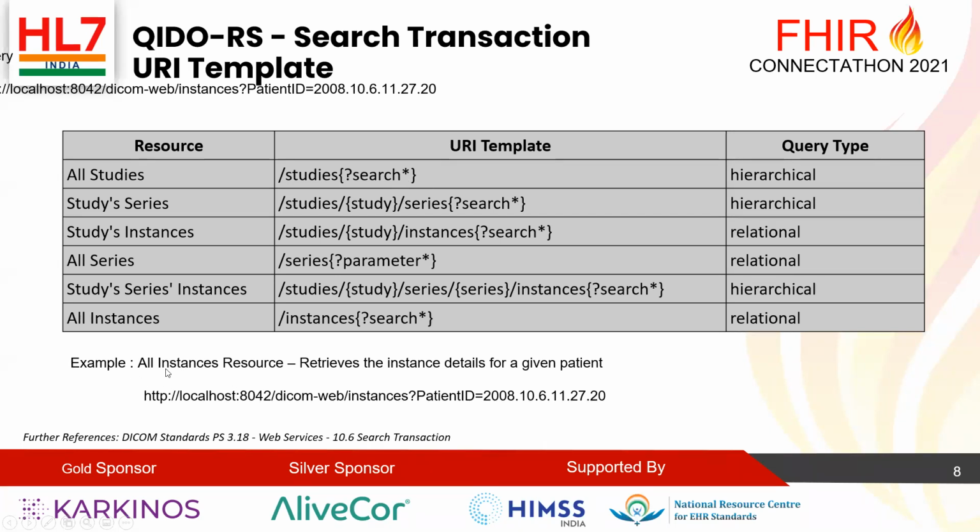If you see in this example, I'm using the all instances resource, which will query at the instance level. Up to this DICOM web is the base URL. This base URL is defined in our configuration.